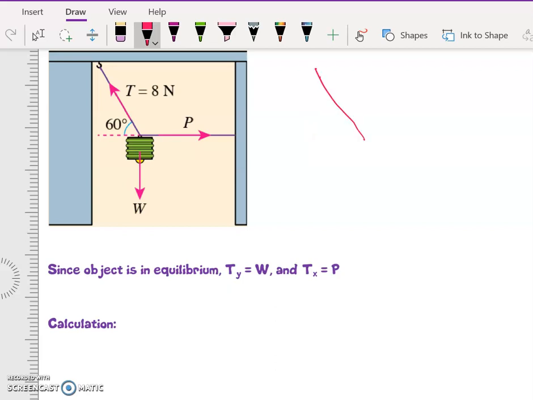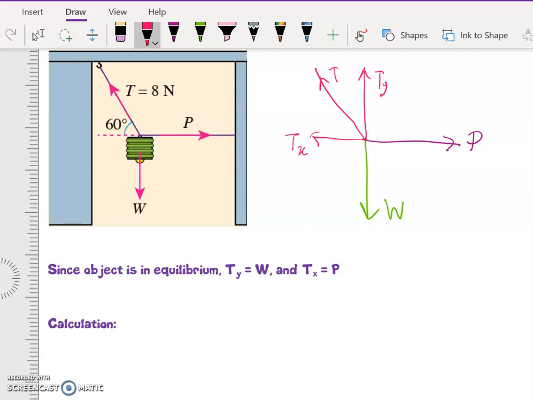So the drawing is T, P, and W. T can be resolved into two components, Tx and Ty.